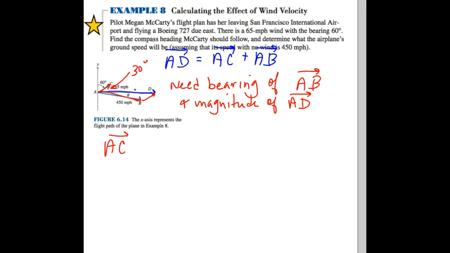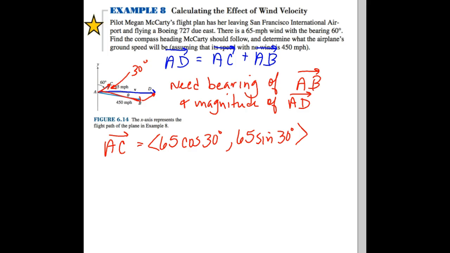Okay, so the components for this is going to be its magnitude. Well, how fast is the wind going? Okay, so speed is magnitude. So we have 65 cosine of its direction angle, which is 30 degrees, and 65 sine of 30 degrees. We good with that? Okay, those are going to give us some decimals. Let's just wait till the end to actually put it in our calculator.